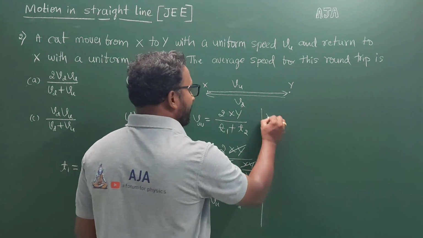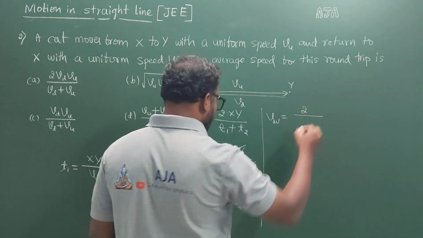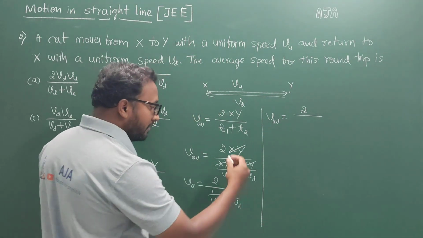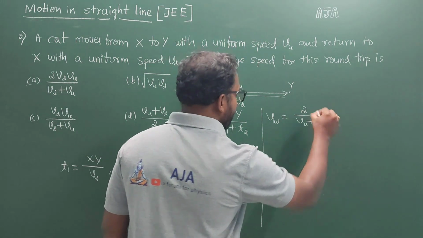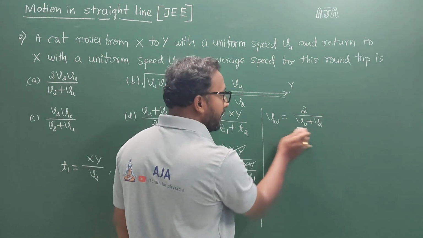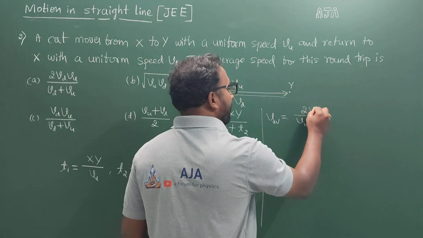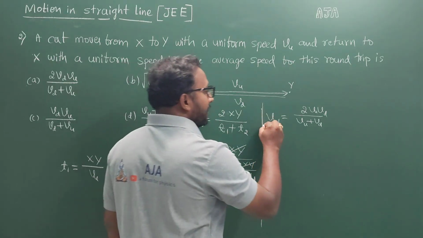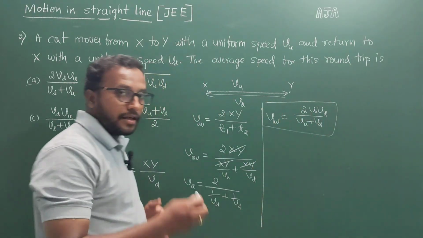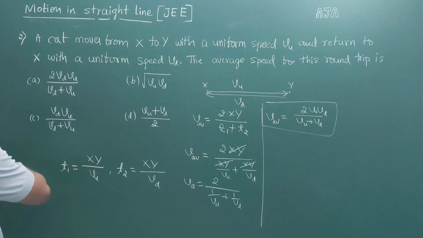So finally you can write it as average speed in the total journey as 2 divided by, I'll simplify this, vu plus vd, and whole divided by the product of these two. I will take that to the numerator directly. So 2 vu into vd divided by vu plus vd. So this is the average speed of the cat in the entire journey. So option 1 itself is correct. This is the correct answer.